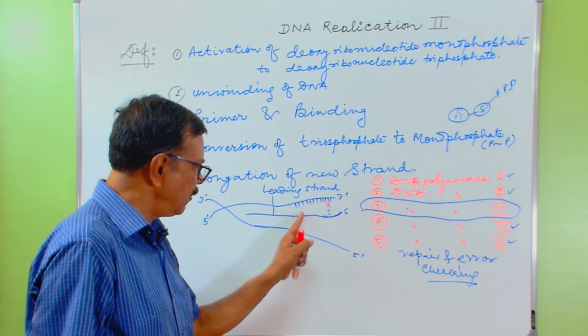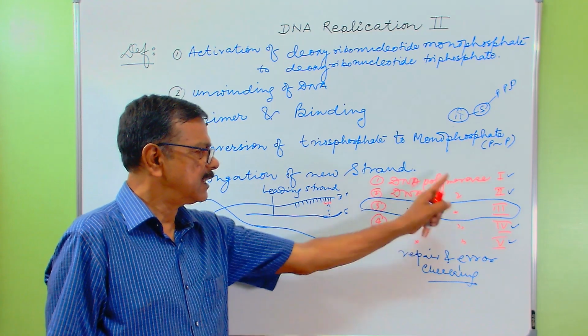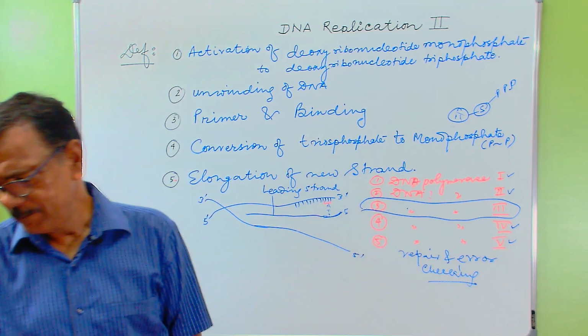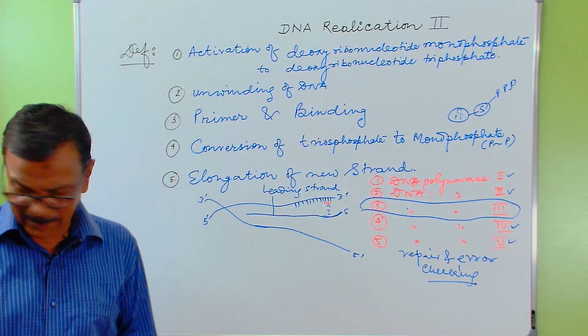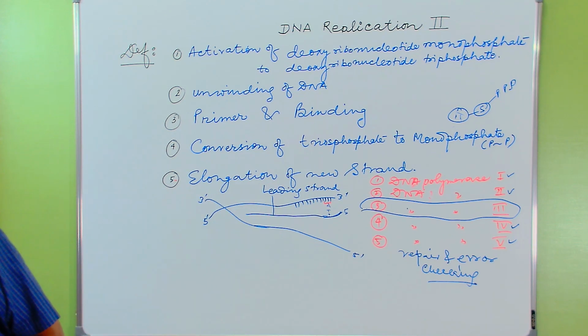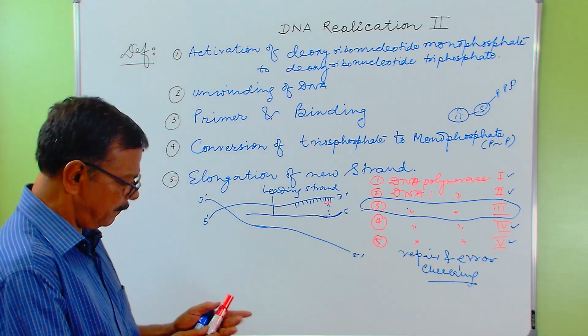If there is any error, it checks and it repairs. This is the function of the other polymerases. In E. coli, DNA polymerase 3 is the main enzyme.